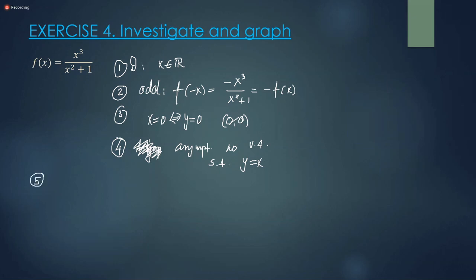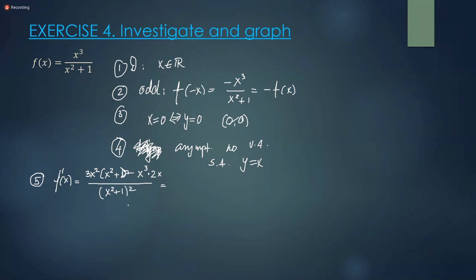Now the derivatives. The first derivative of the function, to establish monotonicity. We can simply differentiate it. It's first u differentiated times v not differentiated, minus u not differentiated times v differentiated, divided by x squared plus 1, squared again.